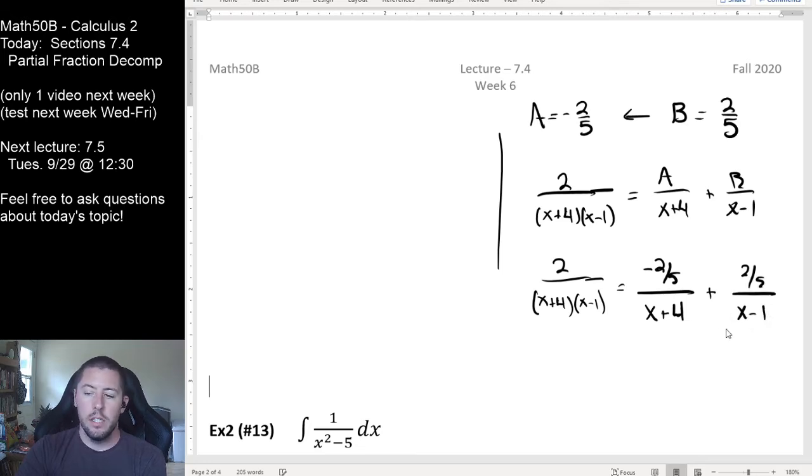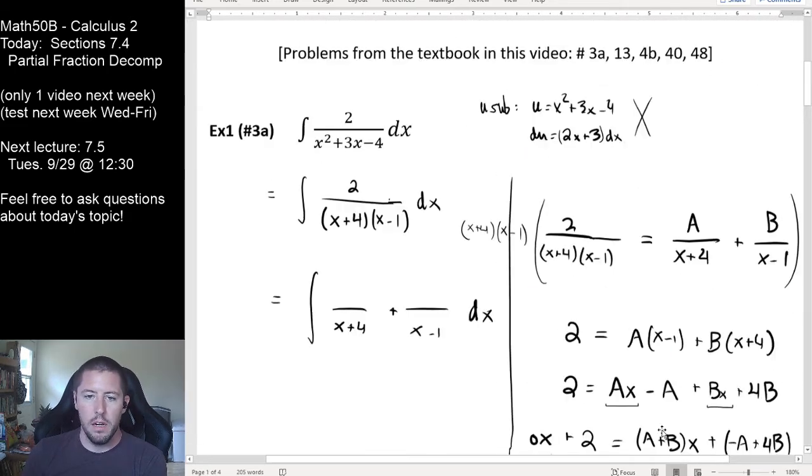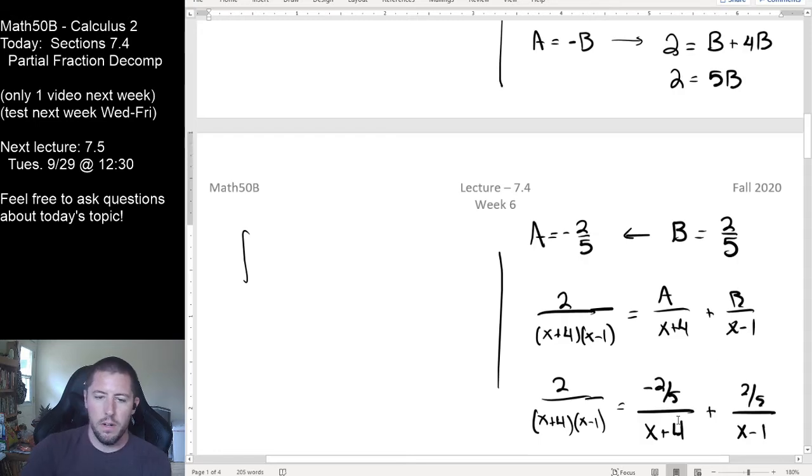Now, what you could certainly go do is redo this addition, get a common denominator, add these guys together and simplify, and you'll find that you're going to get back to our original integrand right here. So the important thing that we just did is we started with our original, where x squared plus 3x minus 4 is our denominator.